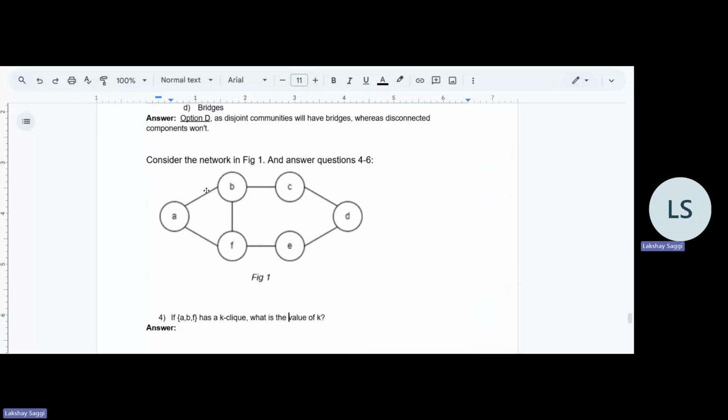What's the definition of a K clique? Every pair of vertices should have a distance less than or equal to K. You can see that for the pair AB, the distance is less than or equal to 1. Similarly, BF has distance 1. Similarly, AF is also 1.